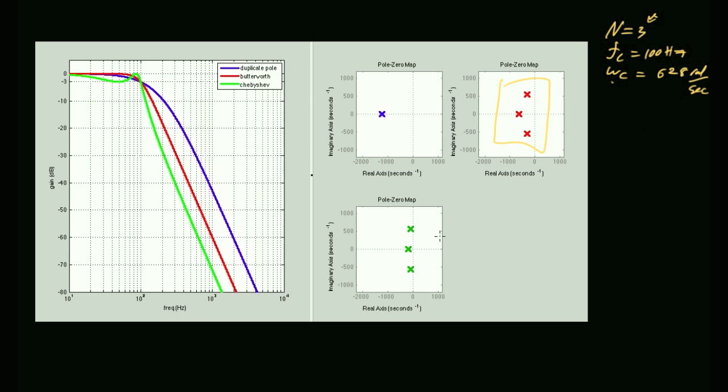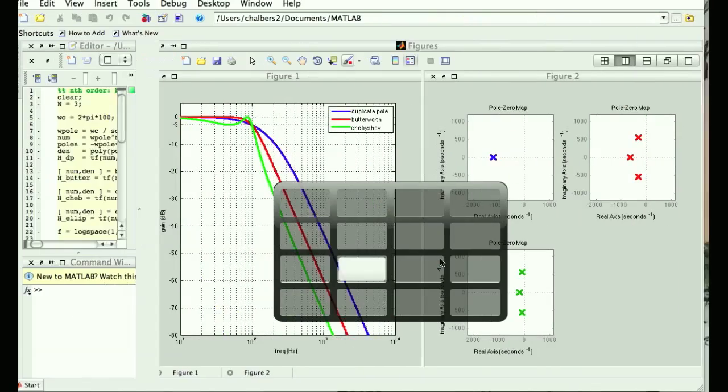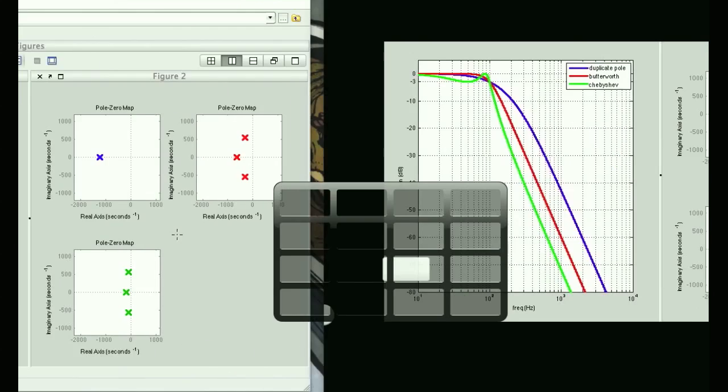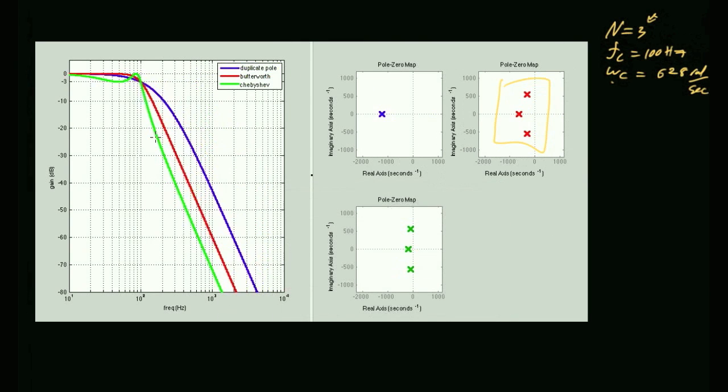I'm actually going to try to write those down. Let's see here. H butter.